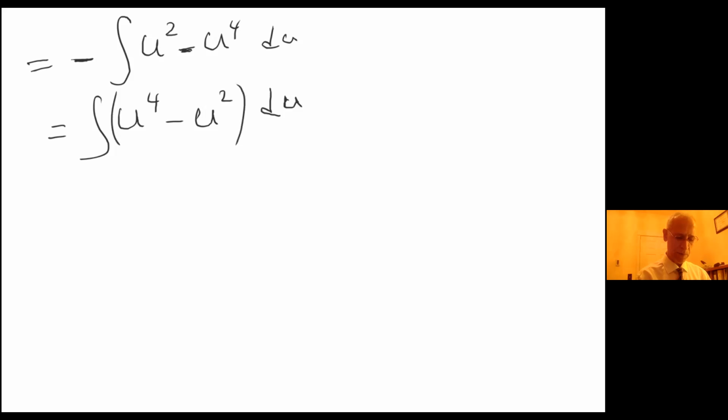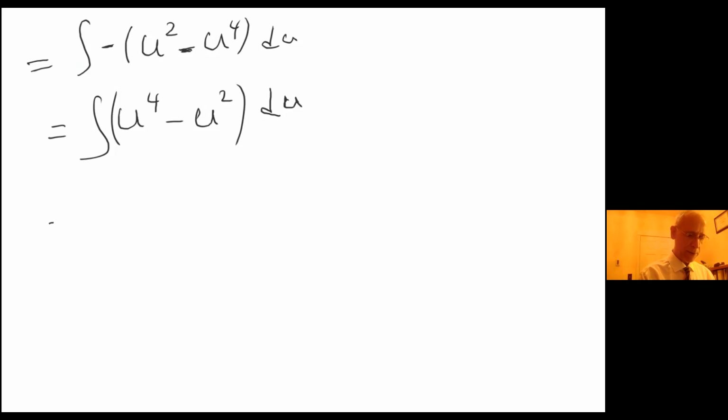I can just do that multiplication and write that as u to the fourth minus u squared du. I do like that better.